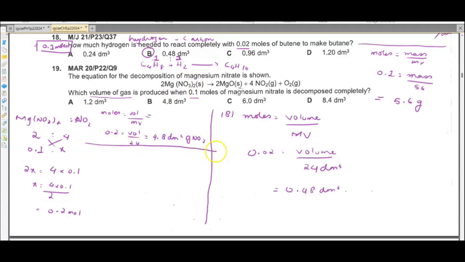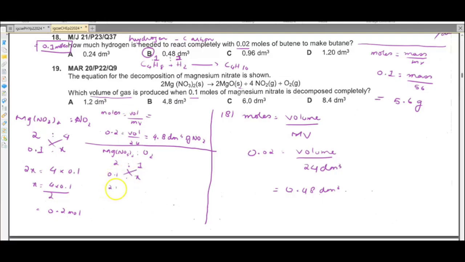Now the second thing that we need to do is we need to find the volume of oxygen. So how are we going to do it? We know that there were 2 moles of MgNO3 and 1 of oxygen, and 0.1 of this, and we don't know this.